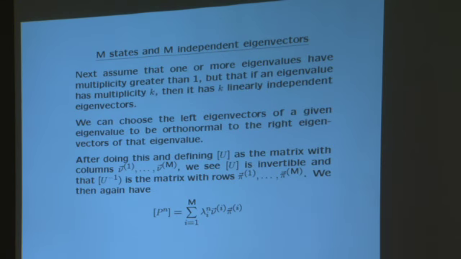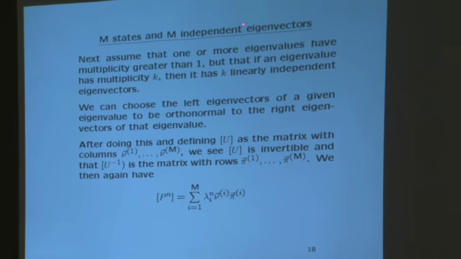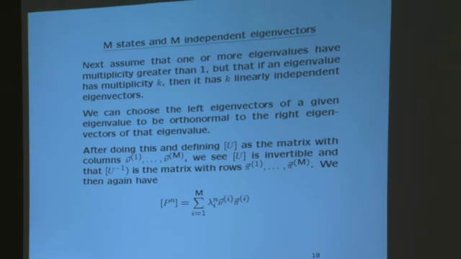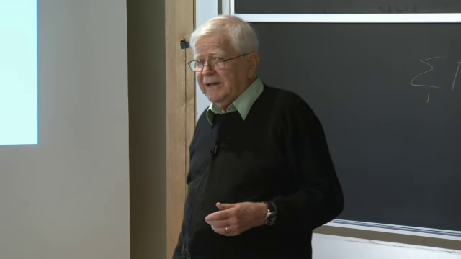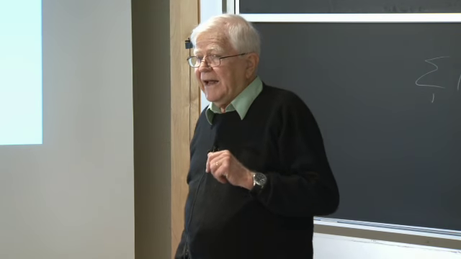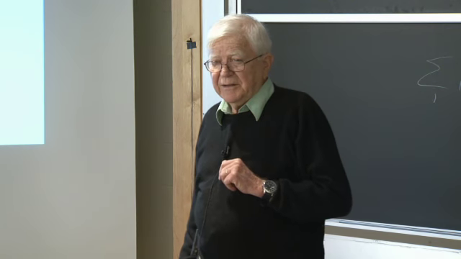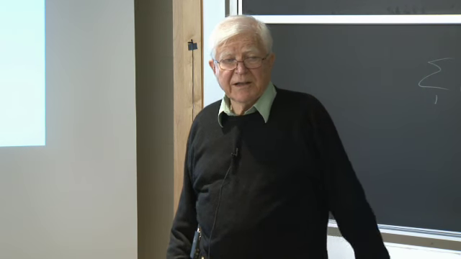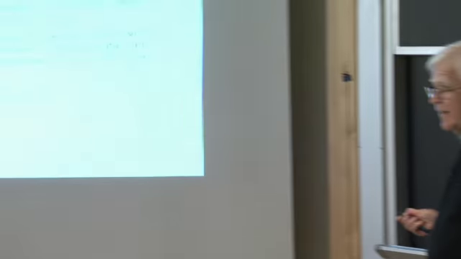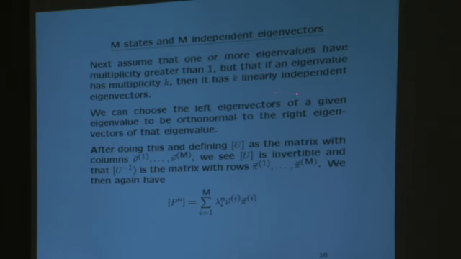Okay, now let's look at the next most complicated case. Suppose we have m states and we have m independent eigenvectors. Remember I told you there was this very ugly thing in linear algebra that when you have an eigenvalue of multiplicity k, you might not have k linearly independent eigenvectors. You might have a smaller number of them. We'll look at an example of that later. But here I'm saying let's forget about that case because it's ugly.